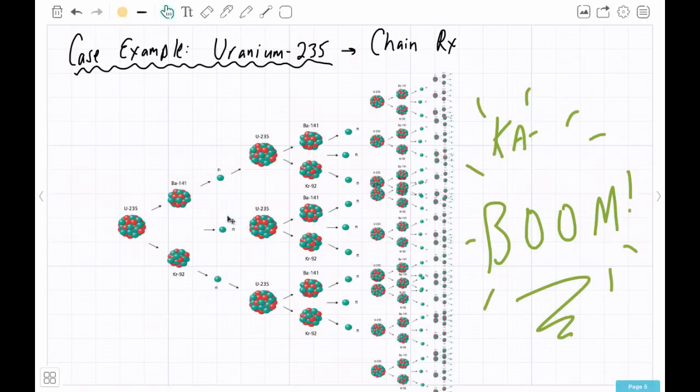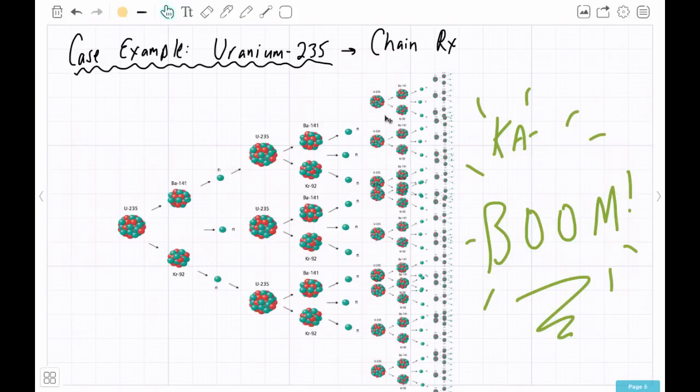This is going to lead to 3 more neutrons being emitted. These 3 neutrons are each going to go and bombard a uranium-235 atom of their own. What happens after that? Well, you guessed it. It's going to split into barium-141 and krypton-92 again, each leaving 3 more neutrons out to hit more uranium-235.